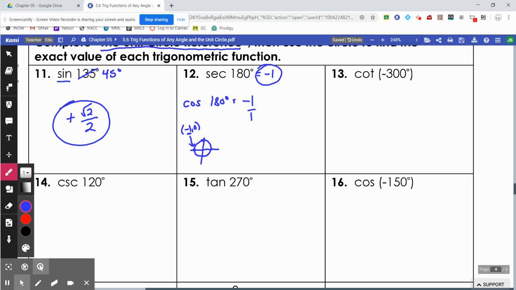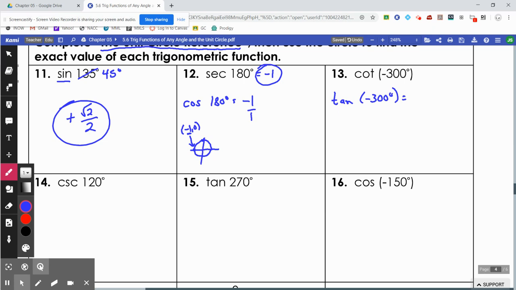The cotangent of negative 300, well, let's find the tangent of negative 300 first, and then let's flip it. To find the tangent of negative 300, I don't really like negative 300. Here's another thing. We can use coterminal angles here. Add a rotation to that.